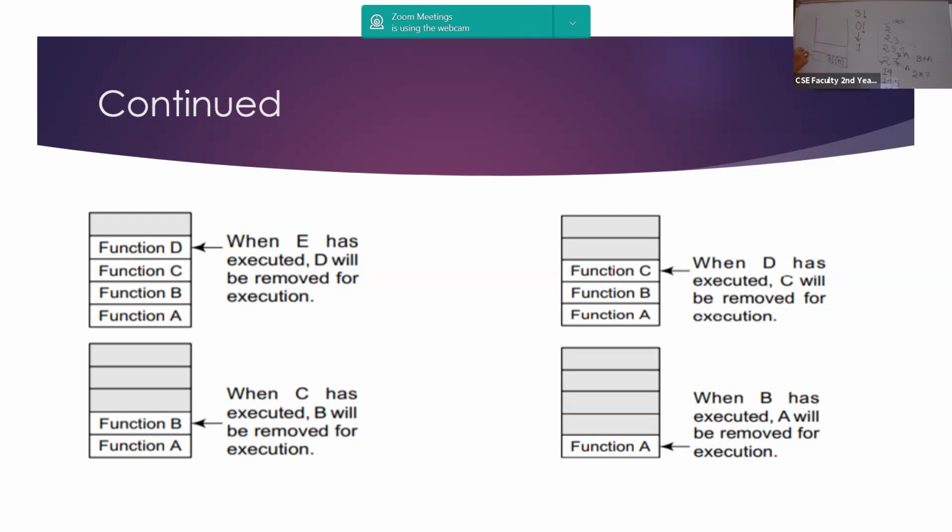So from here you got the value 3. So 3 into 2 factorial, that is n minus 1 factorial. This will call from there, it will get 2, 3 into 2, and it will call 1 factorial, that is n minus 2 factorial.